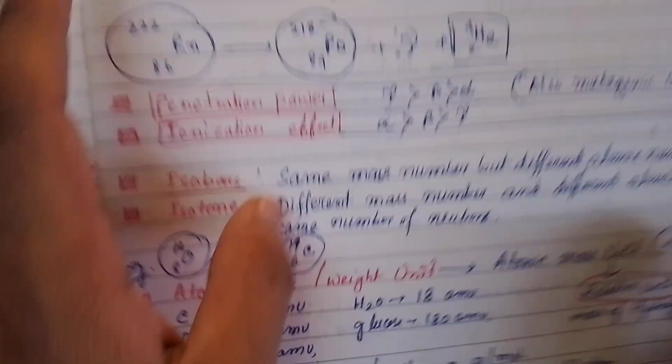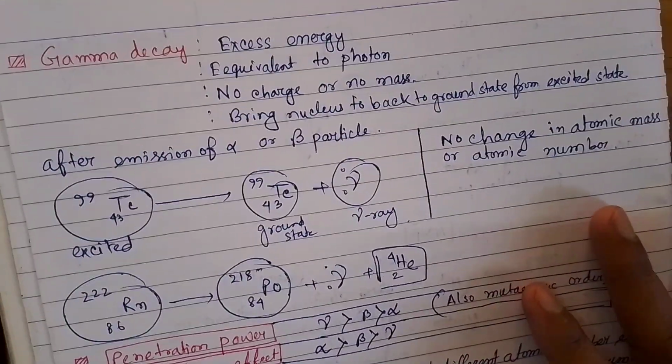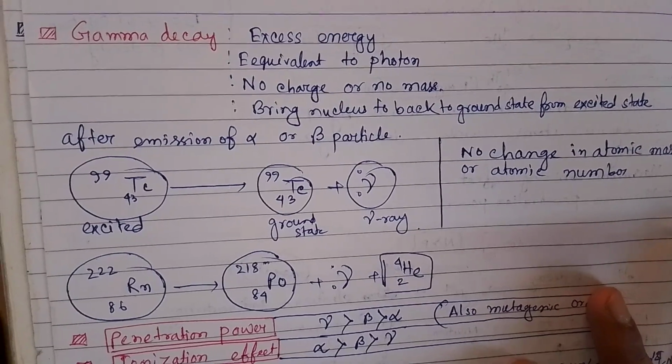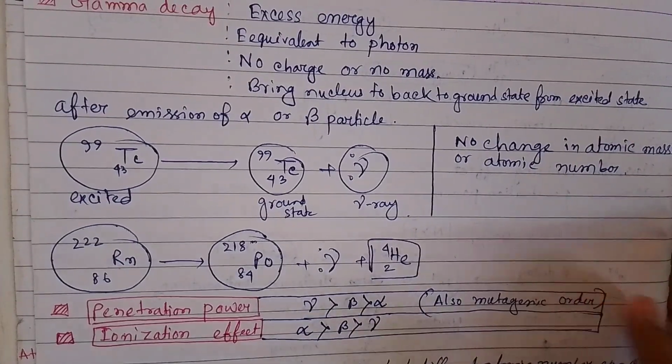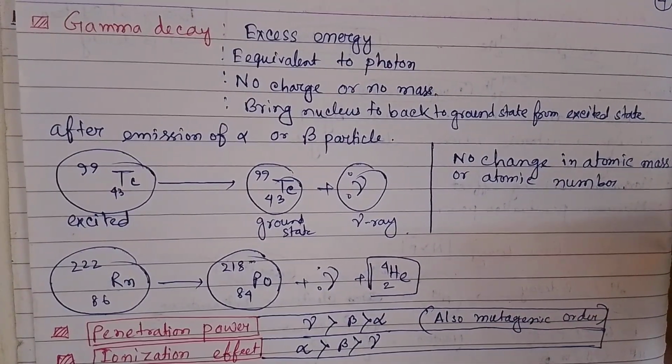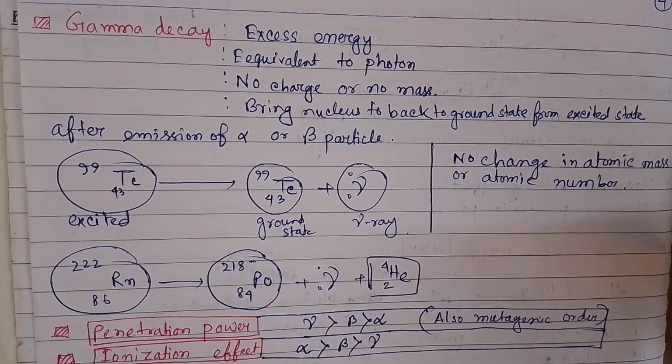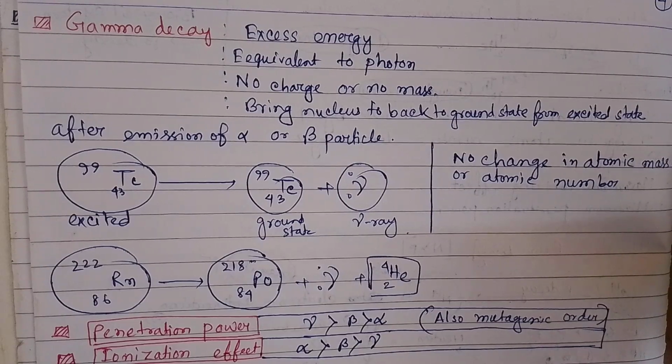Now we are coming to gamma decay. In gamma decay, the excess energy is equivalent to one photon, with no charge or mass, and it brings the nucleus back from the excited state to the ground state.